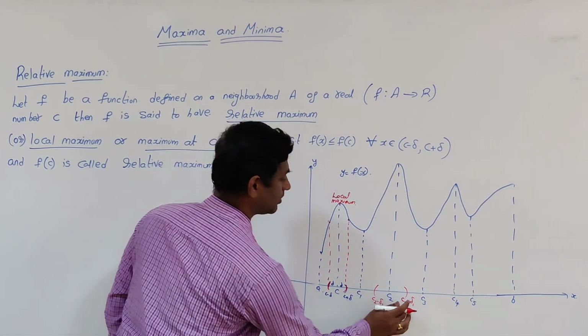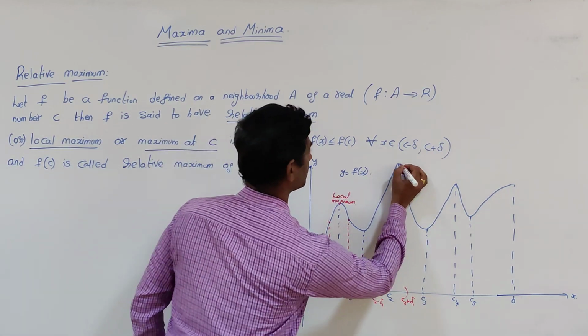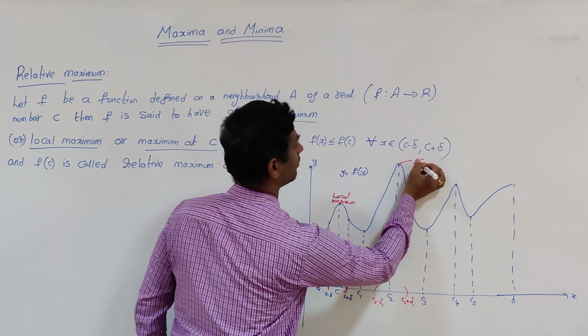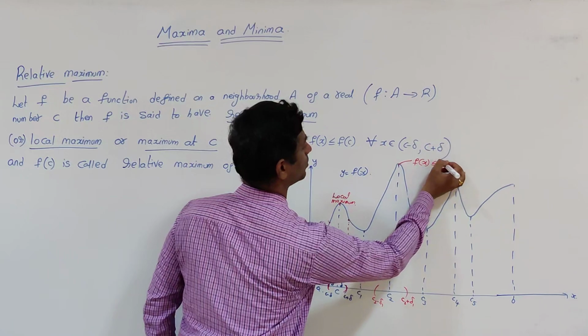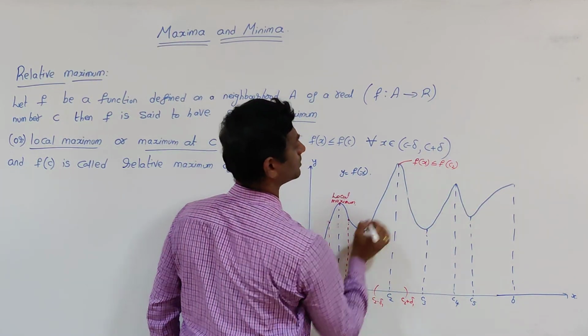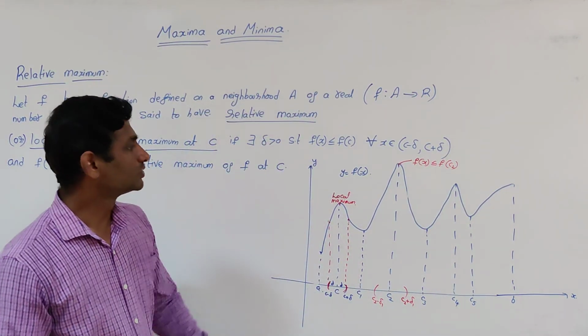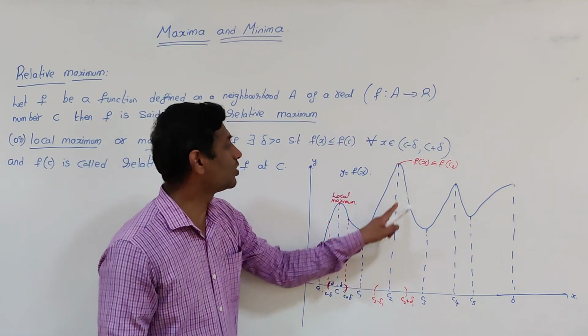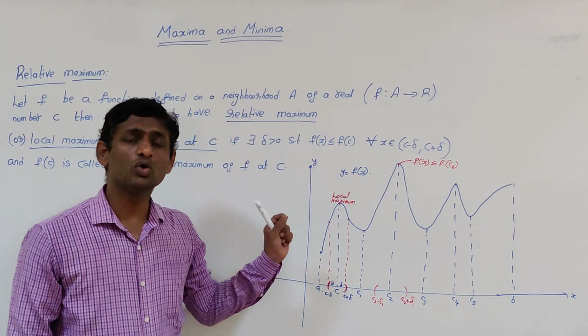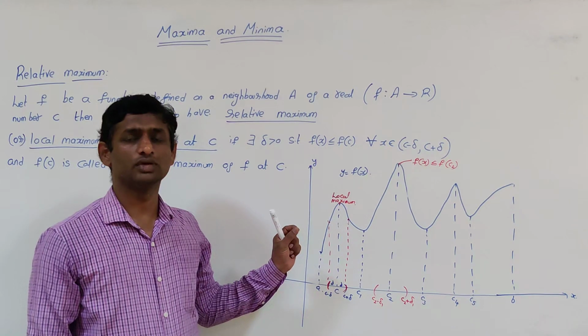Here we conclude that f of x is less than or equal to f of C2. So f of C2 is called the local maximum at x equal to C2.